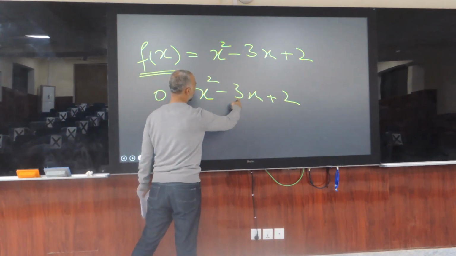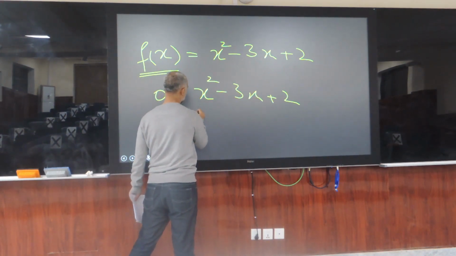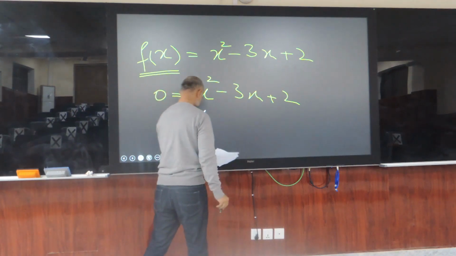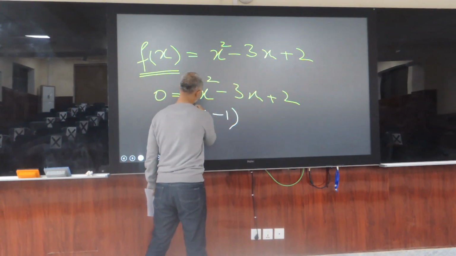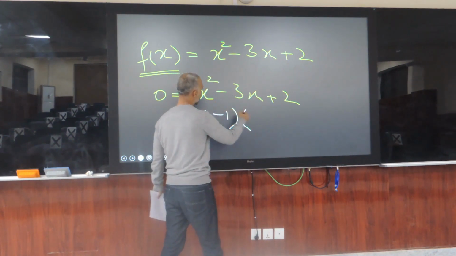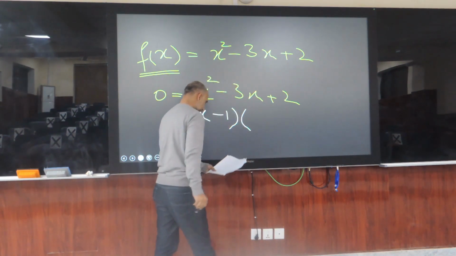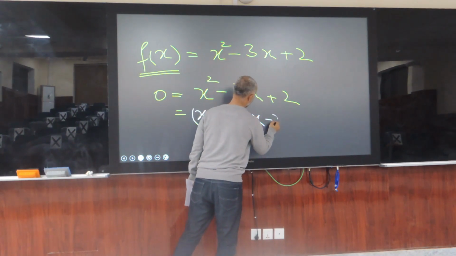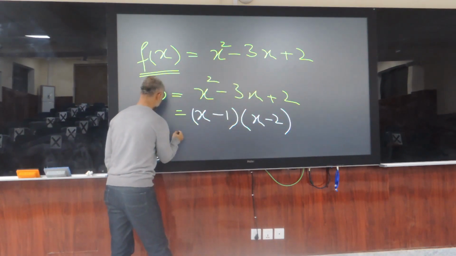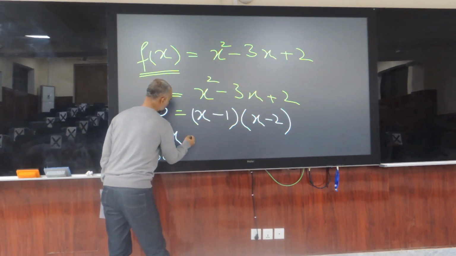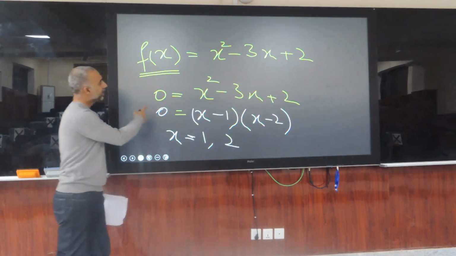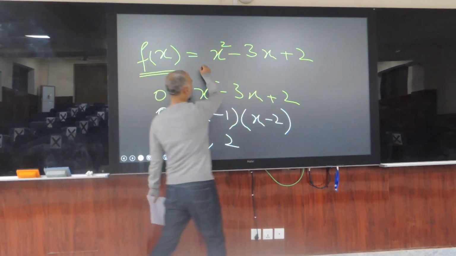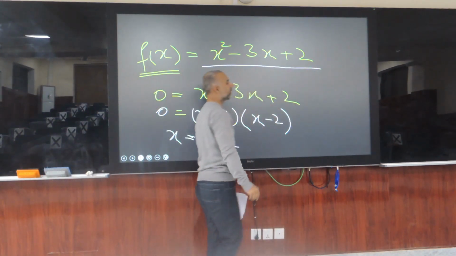It can be x squared minus 3x plus 2, which is x minus 2 times x minus 1. If we factorize this equation, we have two factors, x minus 1 and x minus 2, so x equal to 1, x equal to 2. This function has two possible values.